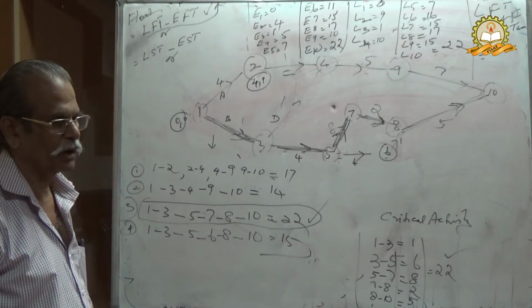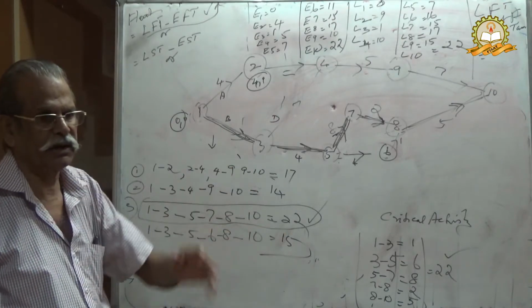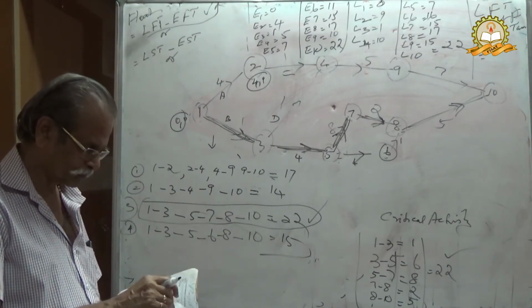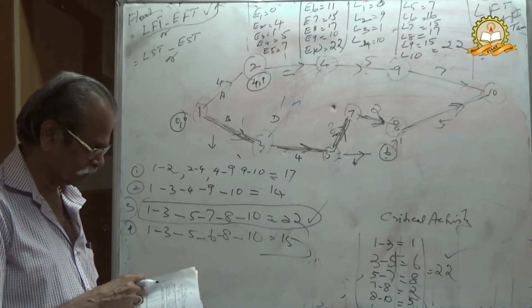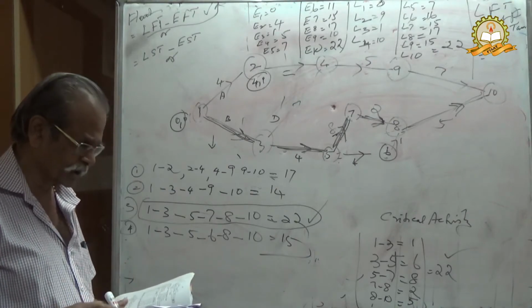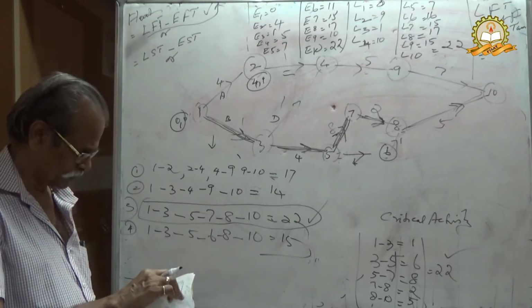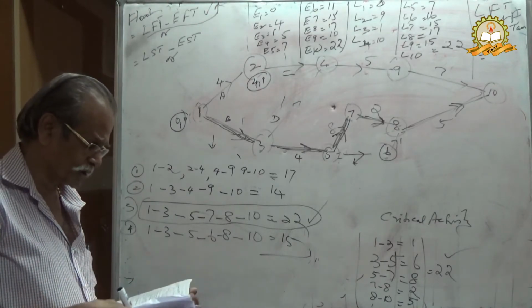Therefore, the third option is the final critical activity and path with duration given.